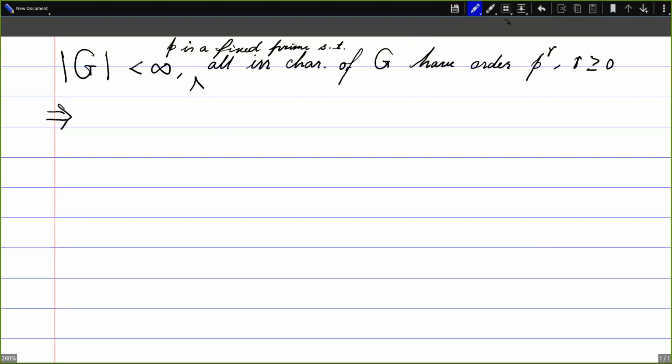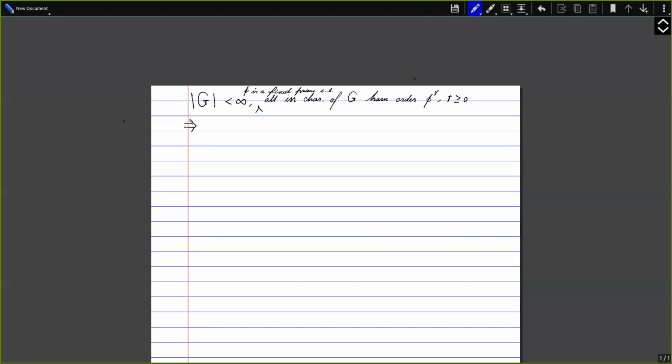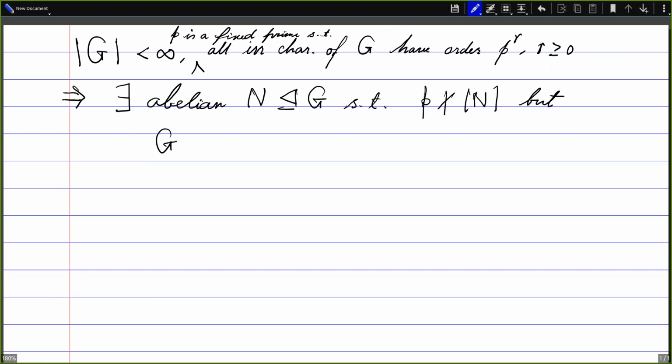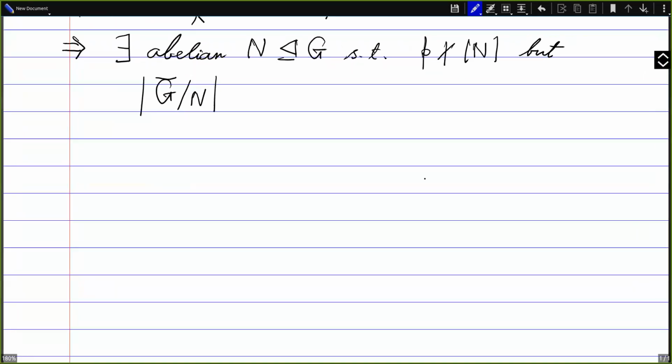Then what we will show is that there exists an abelian normal subgroup N of G such that p does not divide the order of N, but the quotient group G/N has order some p to the power l.